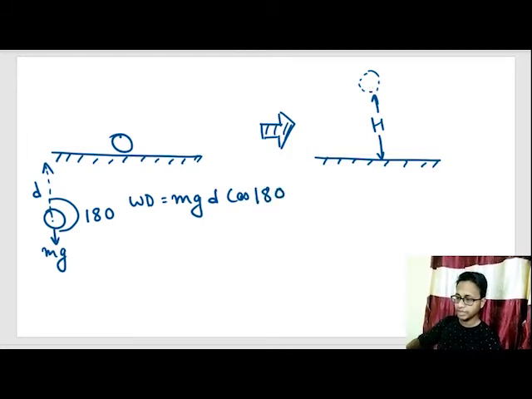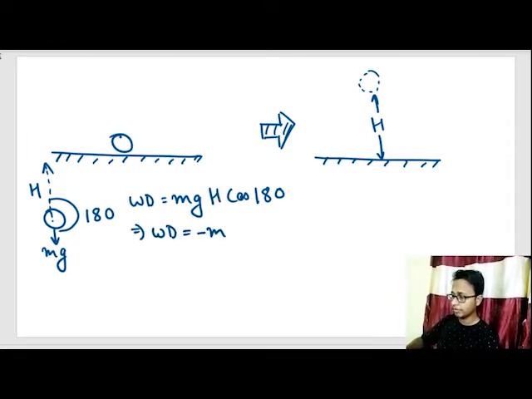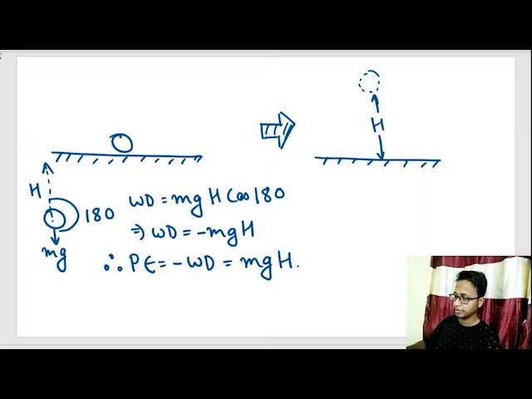Let's not name this d, let's name the displacement h, to be better for us. Or work done is equal to minus mgh. Therefore, potential energy is equal to minus of work done against a conservative force, or is equal to mgh.